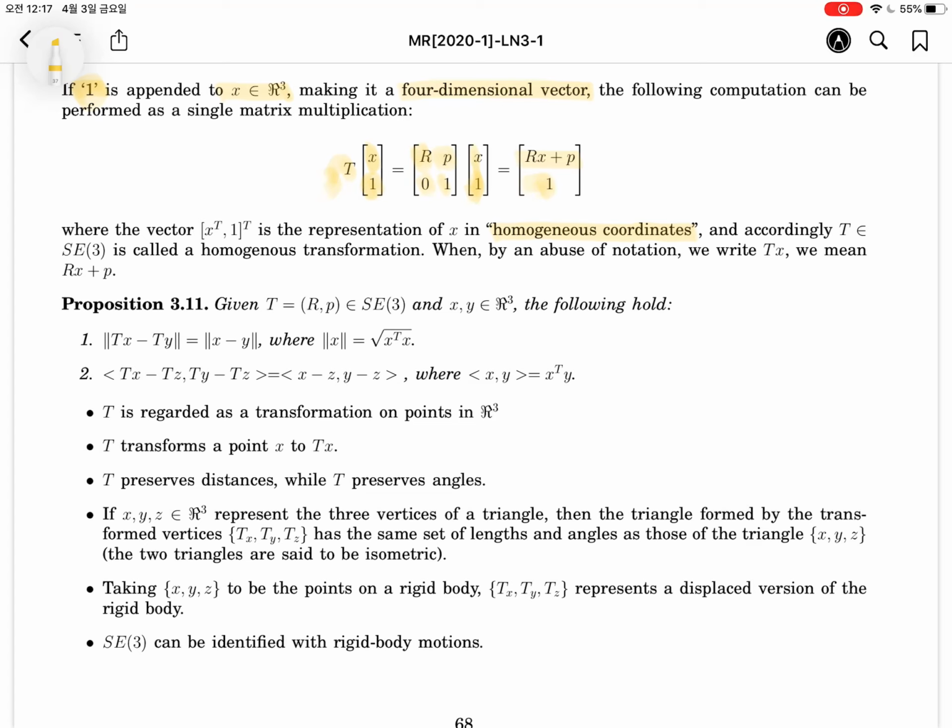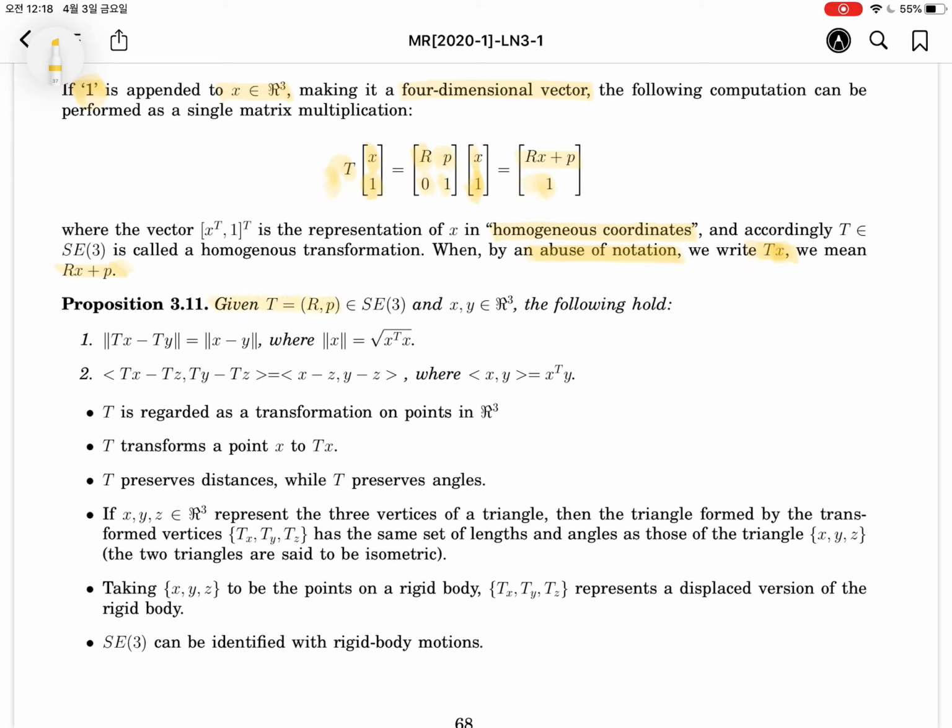So the result Tx is considered as Rx plus P. Actually, this is an overuse of notation, because x has 3 elements, but in the case of Tx, x has 4 elements as a homogeneous coordinate. We will allow this kind of overuse of notation here.